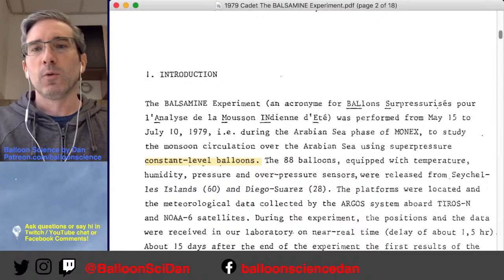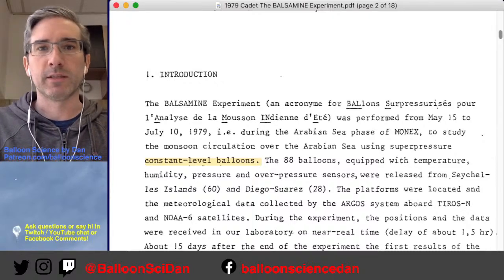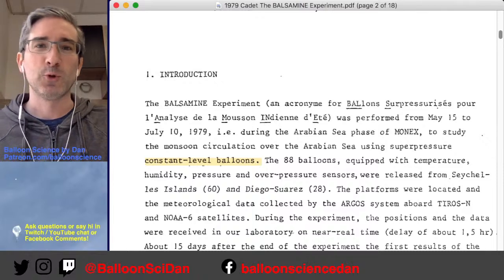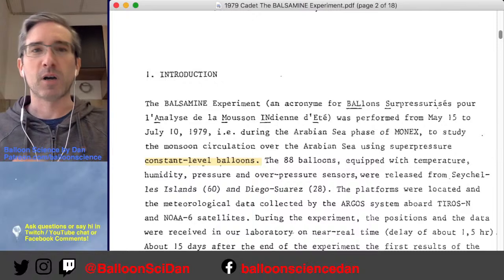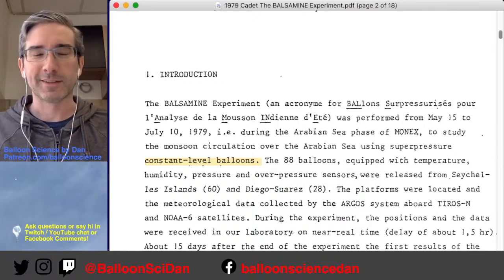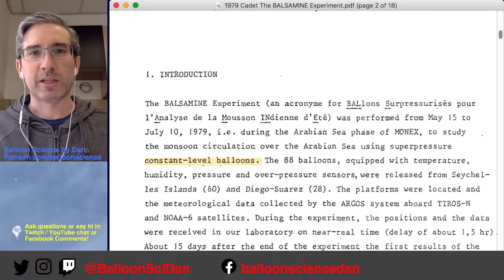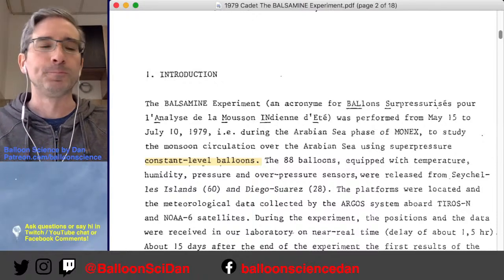So what happens when you have a float that is equal to the density of the water? Well, that's exactly what we have in submarines or fishes, where they control their depth by modulating their weight, basically by adding water or removing water or expanding an air chamber or retracting an air chamber.